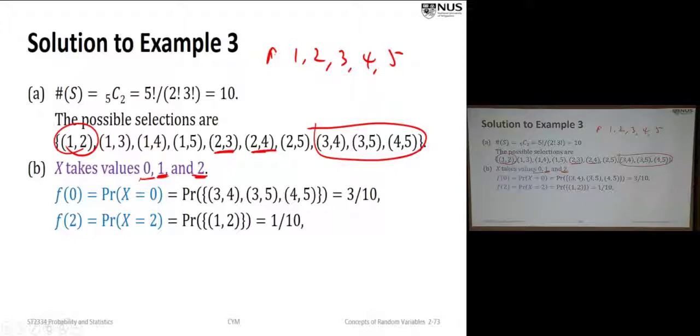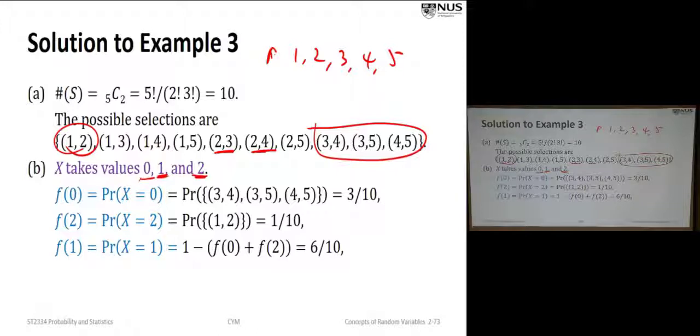For f of 1, it's hard to work with because you have to consider what the possible sample points are. You can think of it like this: for the 2 defective ones, you choose 2, and for the remaining 3, you choose 0, you don't choose anything. So this is equal to 1.